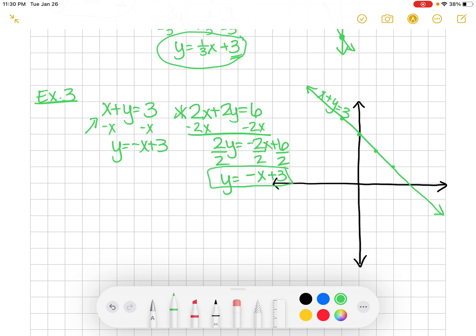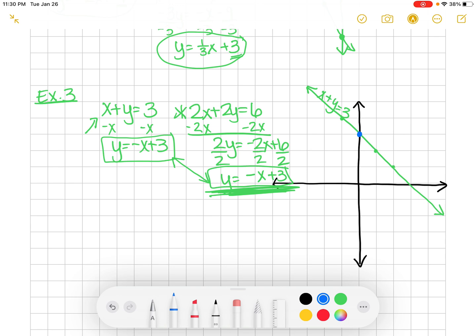But I want you to look before I graph that one. Look at the first one. What do you notice about both of these equations? They are the same thing. So if I were to graph this one right here, I'm going to do it in a different color. I would graph y-intercept of 3, and then I would go -1 slope.